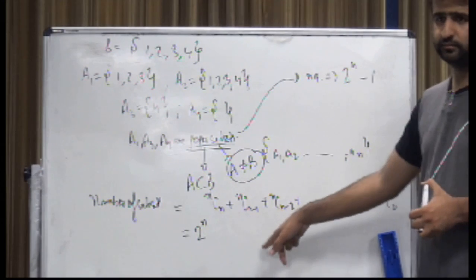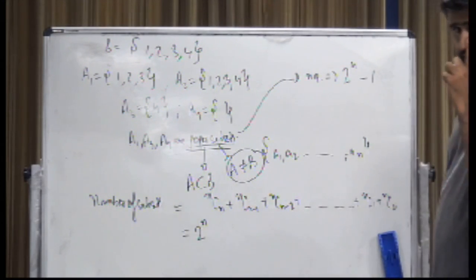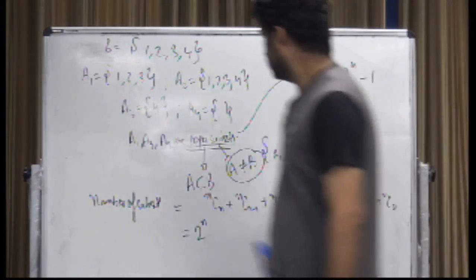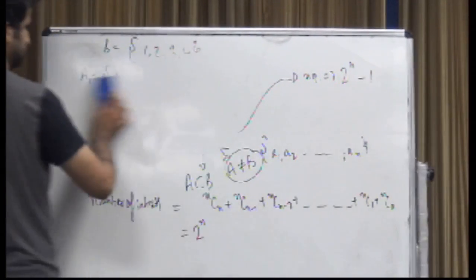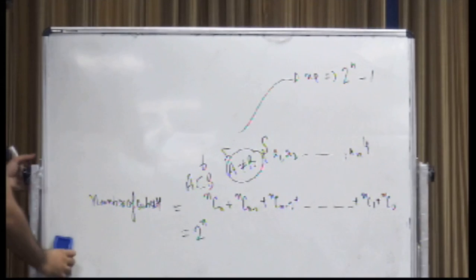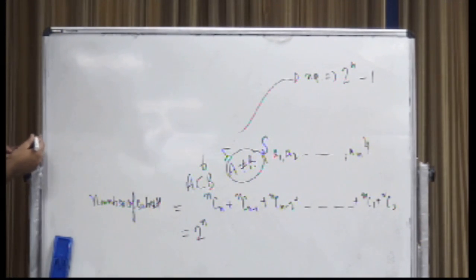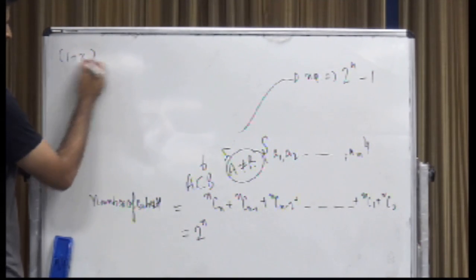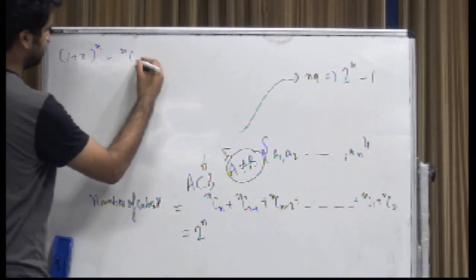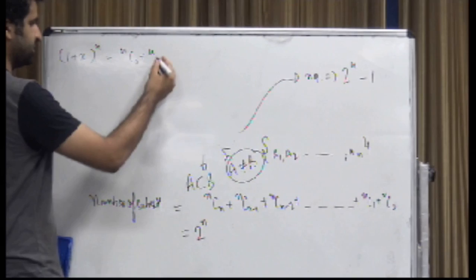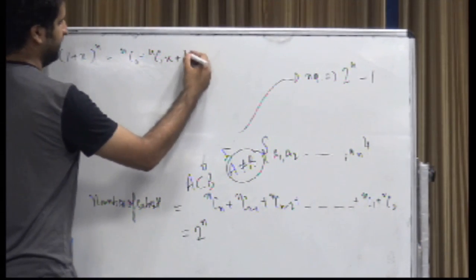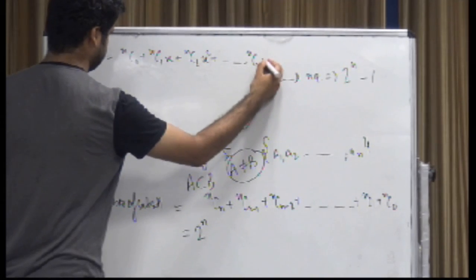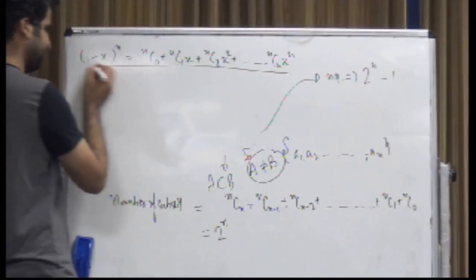And how do you get this formula? Do you remember? What about this expansion? What is it called? Binomial. So you have this expansion.